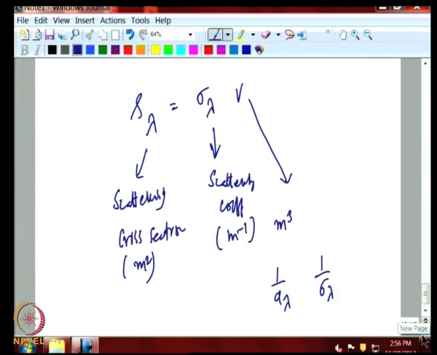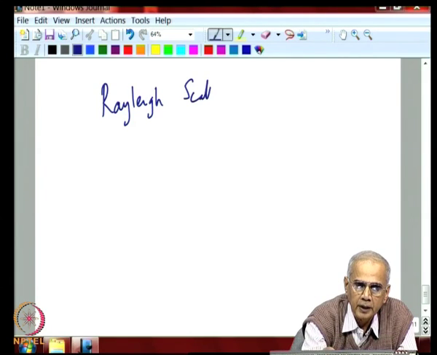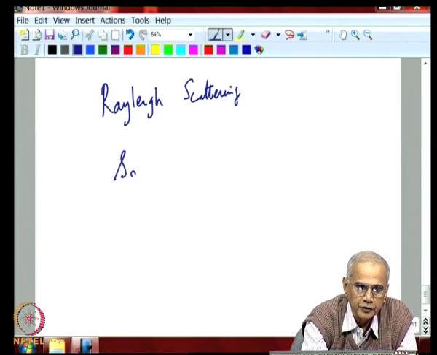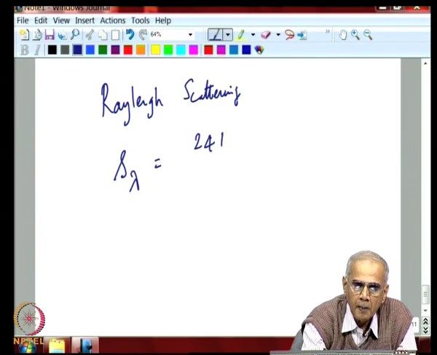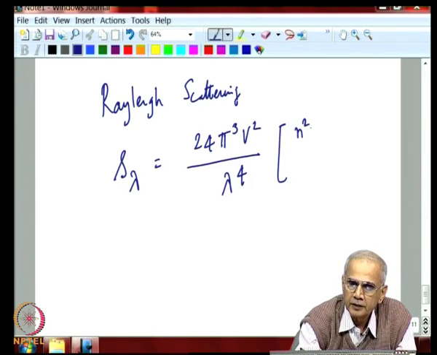Now, I will give a simple example of the Rayleigh scattering, which all of you have heard about in your physics courses. Rayleigh scattering occurs when visible light is scattered by molecules, and that scattering coefficient there can be written in terms of the volume of the scatterer and the refractive index of the particle.